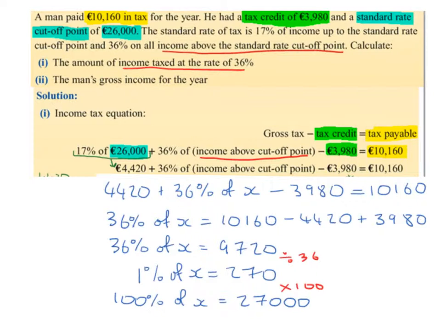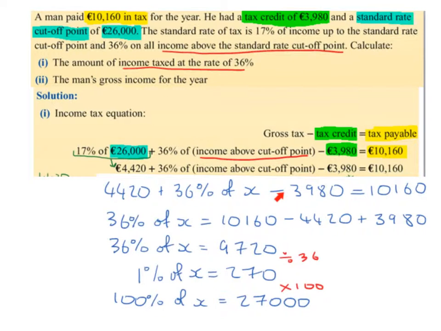So again, we bring the €4,420 over the equal sign, and we're going to bring the €3,980 also over the equal sign. So we want all our constants on the right. So we still have €10,160. That €4,420 became minus €4,420.